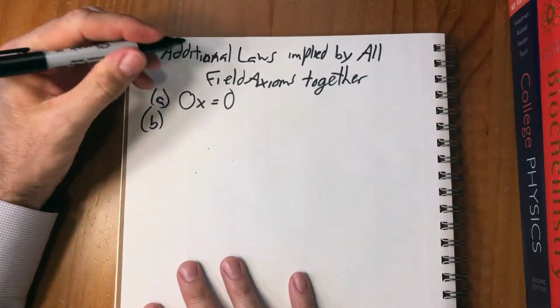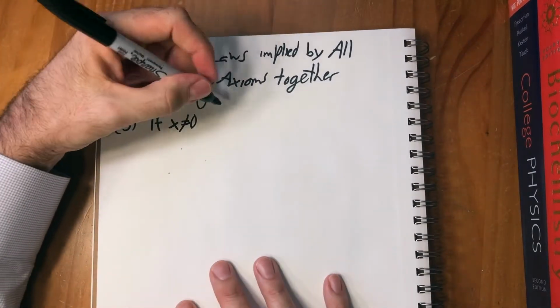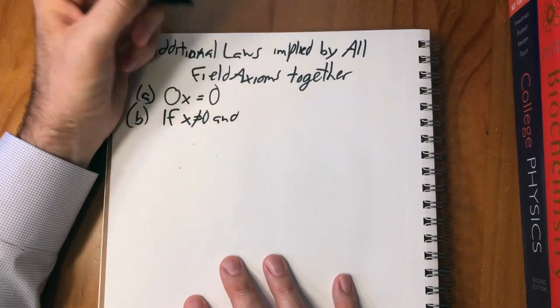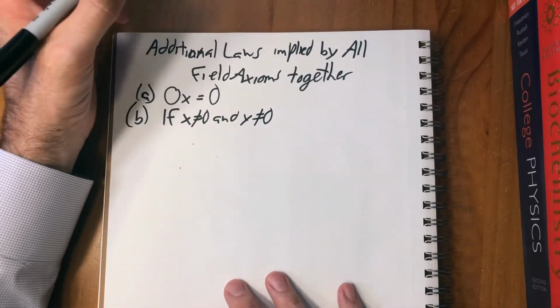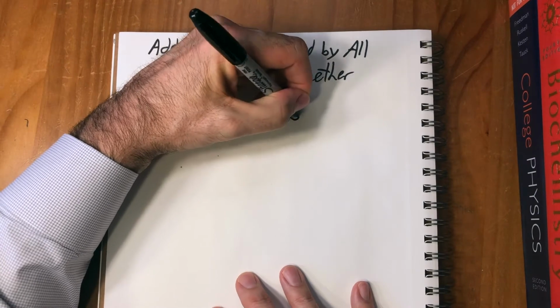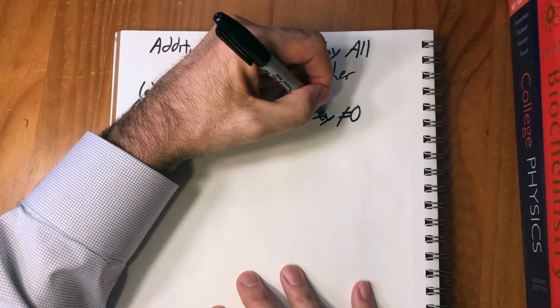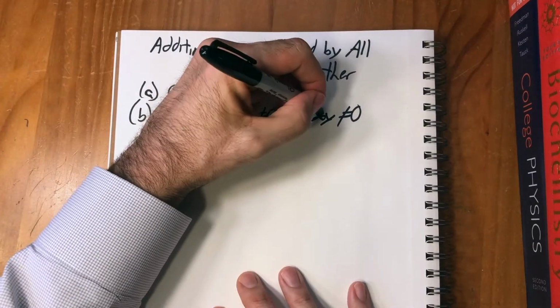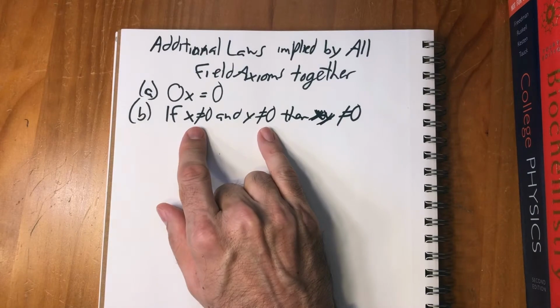B, if x does not equal 0 and y does not equal 0, then xy does not equal 0. This is an important one. If neither x nor y is 0, it's sort of the opposite of this.